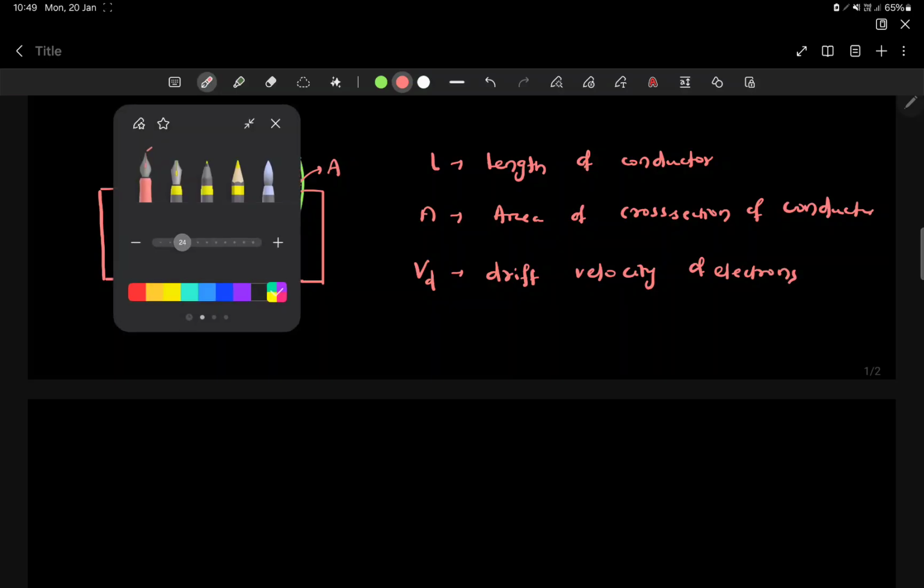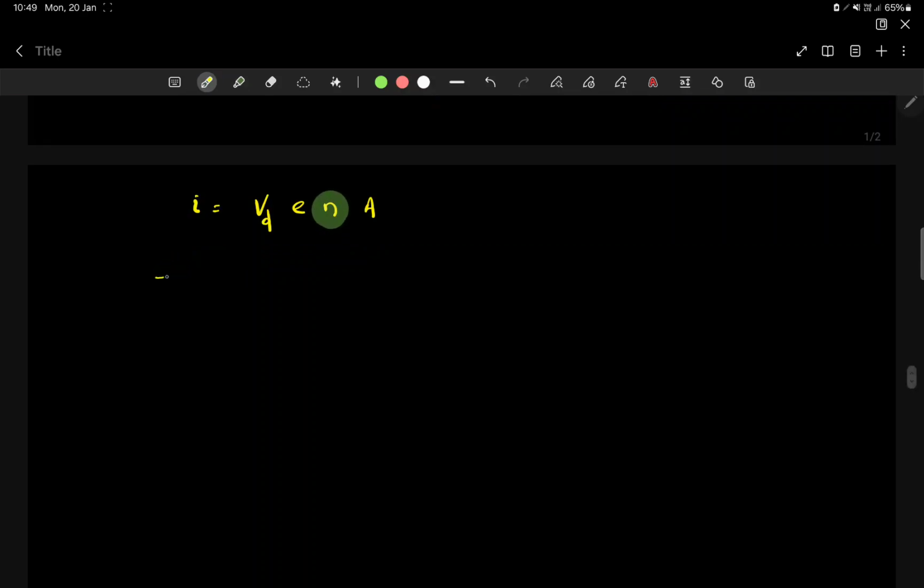Next, we know I = n e A Vd. Simply remember the current and drift velocity relation as I = n e A Vd, where n is the number of electrons per unit volume. Instead of Vd we can write, we know Vd = eEτ/m in magnitude.